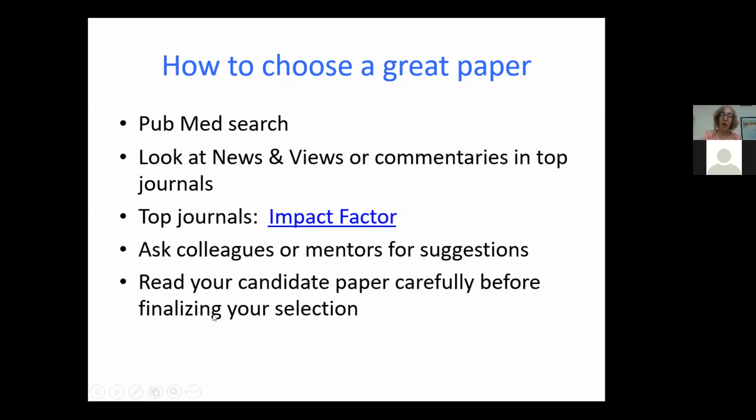Before you finally decide on a paper, be sure and read it carefully, because especially for class, sometimes I'll be in a hurry and I need to find a paper that's a bit outside my area, that's relevant to the class material that I've been teaching. And I find a paper that on the surface looks great. It looks just right. And I assign it, and I have come up with a bad shock when I hadn't read it carefully enough.